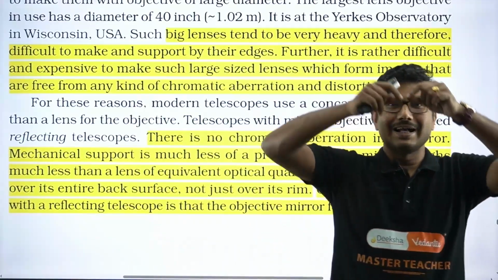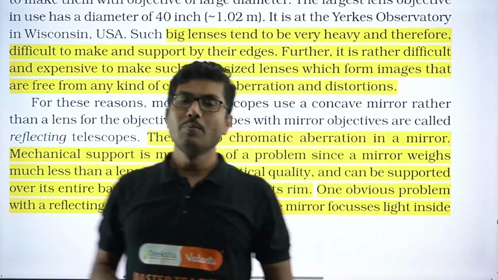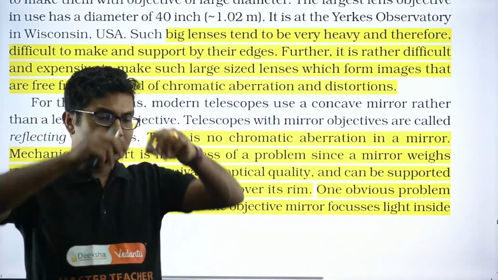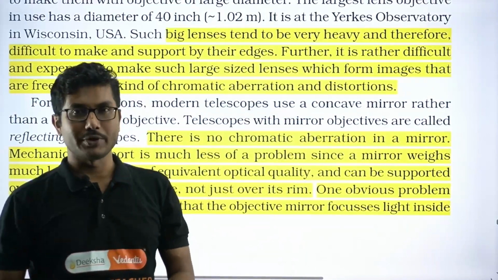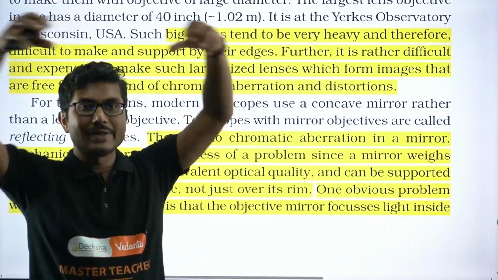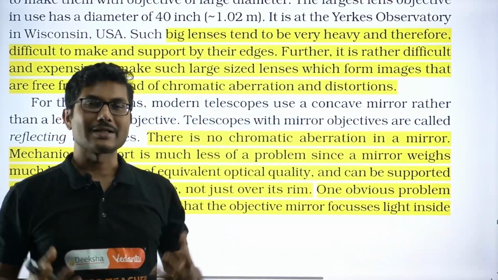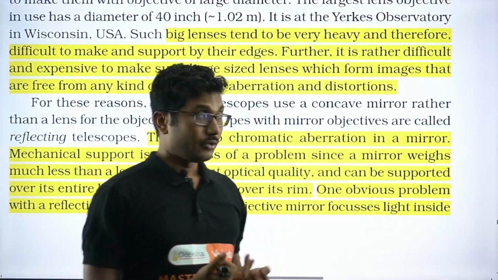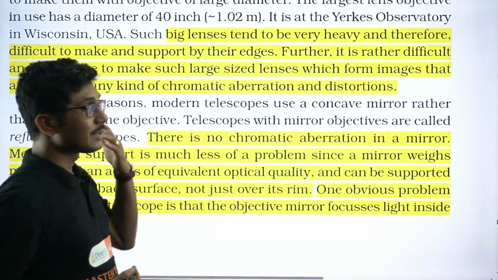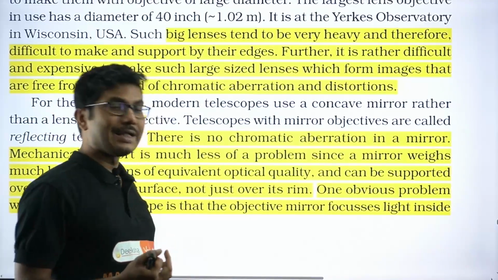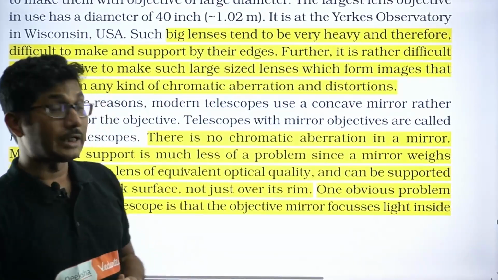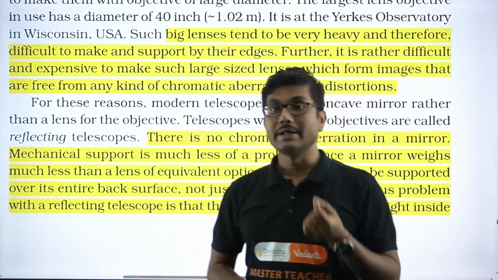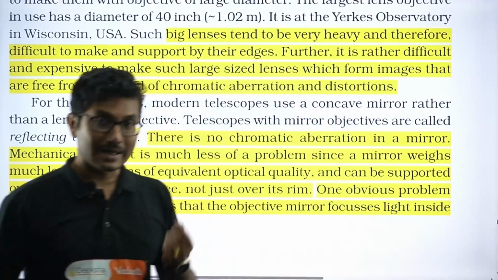Making such huge lenses is very difficult because you only get the rim to support them. The ring itself will take a lot of space and it has to be heavy. So making big lenses is very difficult. That is one of the disadvantages of the refracting telescope. The telescopes made using lenses are called refracting because they refract the light, right?